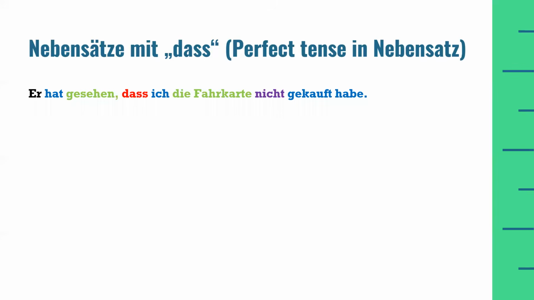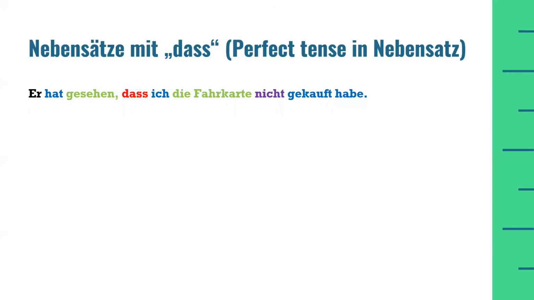Er hat gesehen, dass ich die Fahrkarte nicht gekauft habe. He has seen. What has he seen? Now, in this sentence, you can see that the Hauptsatz is also in the perfect tense. Hat gesehen. Gesehen is the participle two form of the verb sehen.